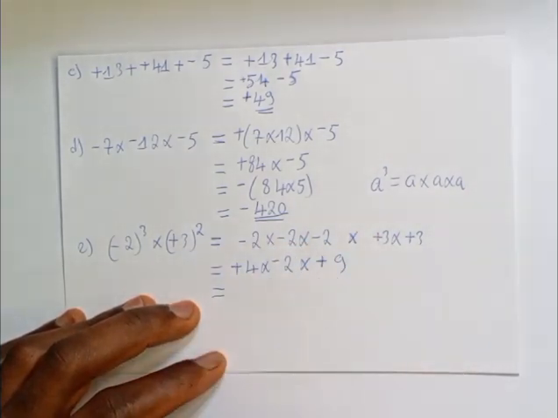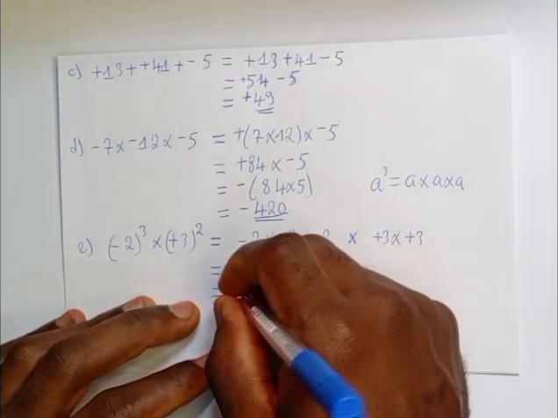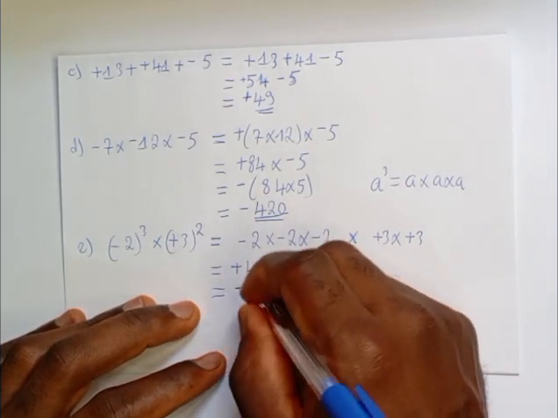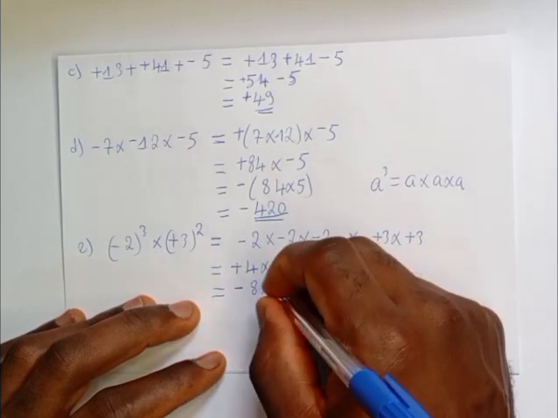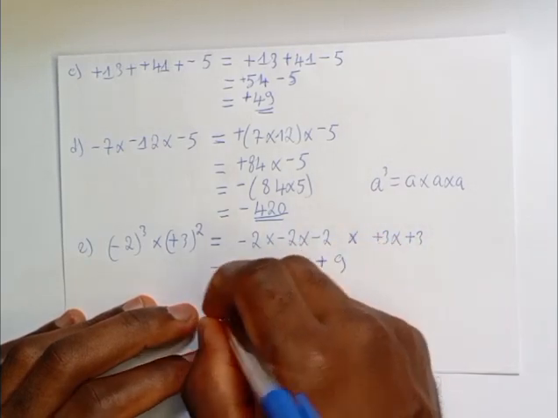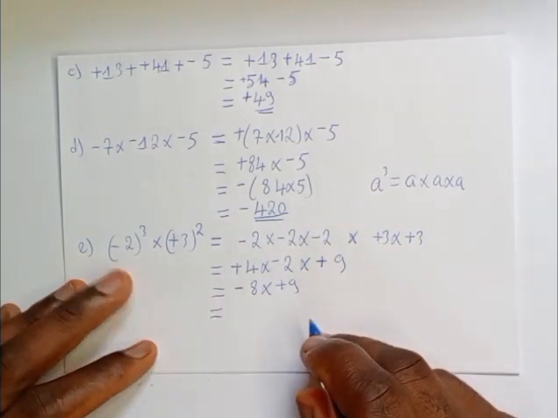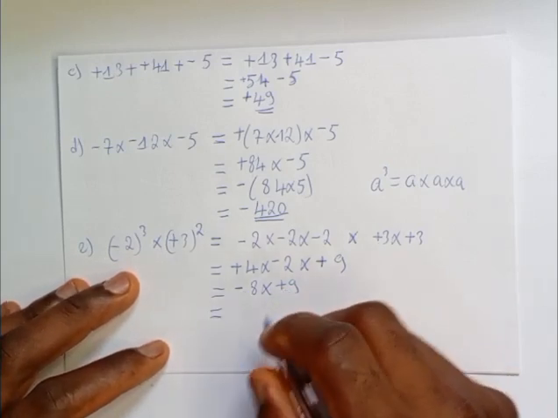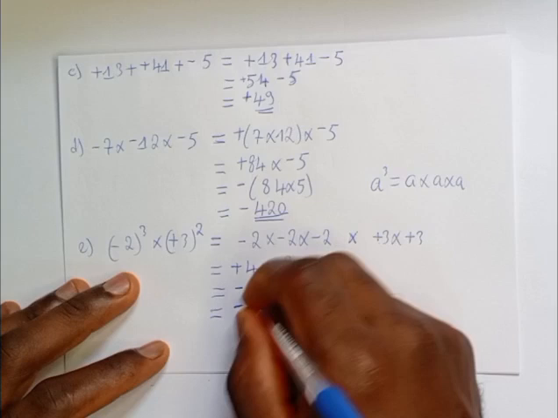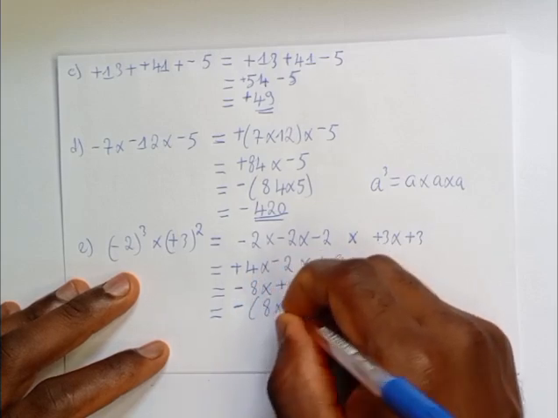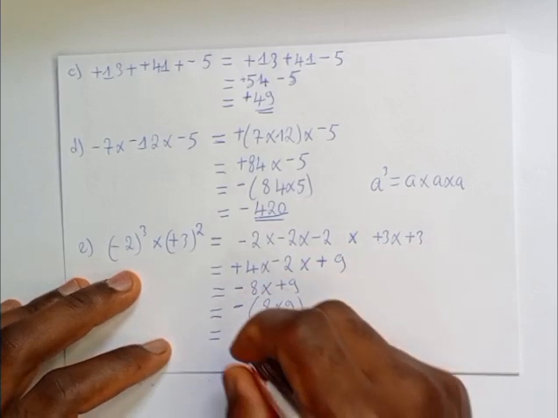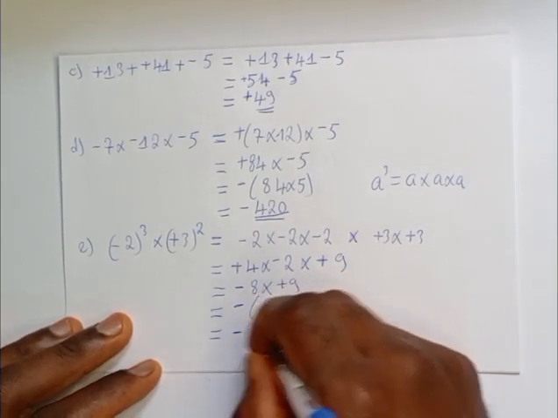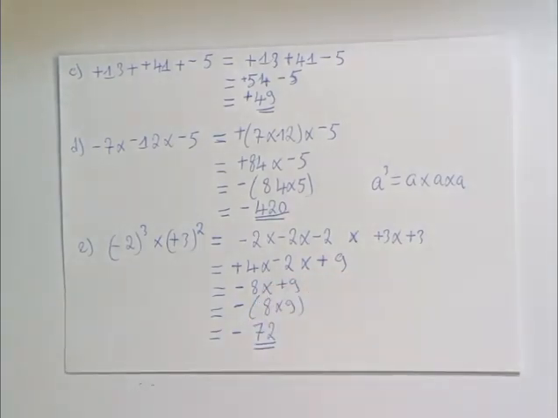We are multiplying a positive number by a negative number. The resulting sign will be negative. 4 times 2 gives us 8, times positive 9. Negative 8 times positive 9, we are multiplying a negative number by a positive number. The resulting sign will be negative. Then we take 8 times 9. This will simply be equal to negative 72. This is the answer.